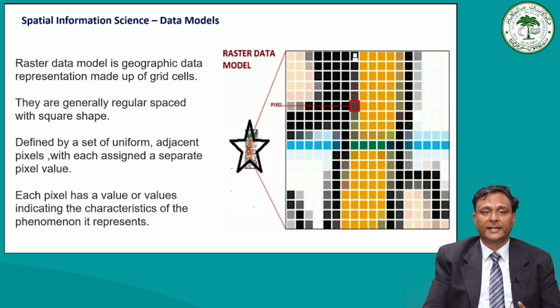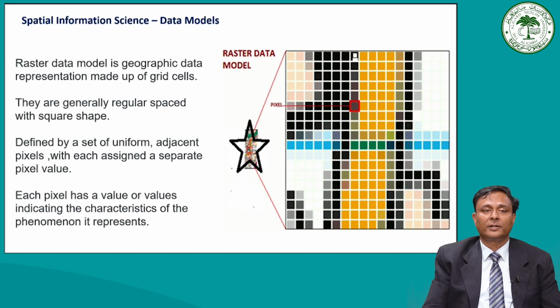This is a good example of a raster data model. On the right side there is one picture which will give you a good idea of the raster data model. This raster data model has tiny little grids, and each grid represents three pieces of information.